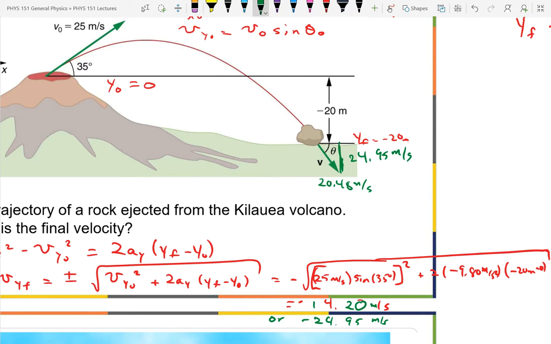And so I would have tangent of theta is equal to the opposite side, 24.95, over the adjacent side, and then we can find theta.